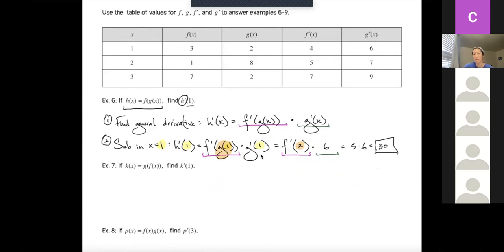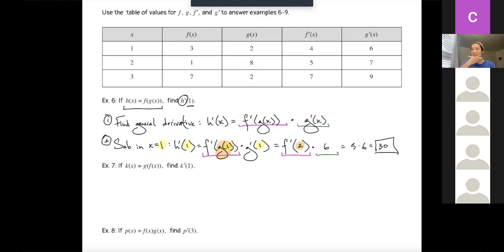What did we change in example 7 from example 6? G is now outside and f is inside of g. Yes, that is so correct. In example 6, f was the outside function, but in example 7, g is the outside function.